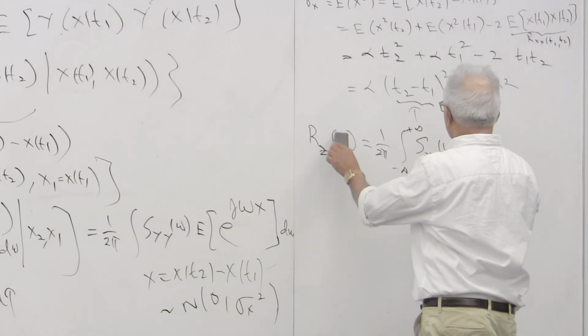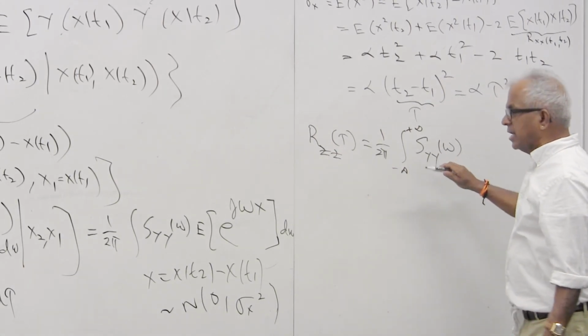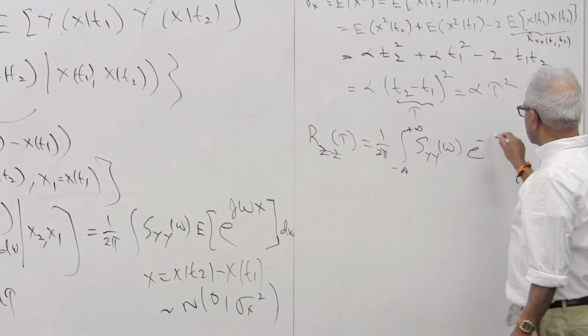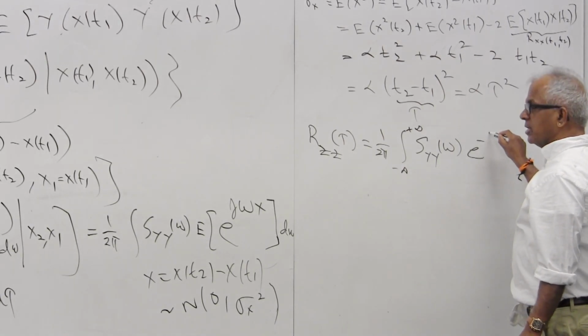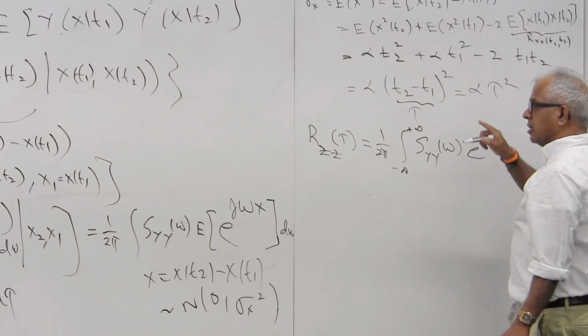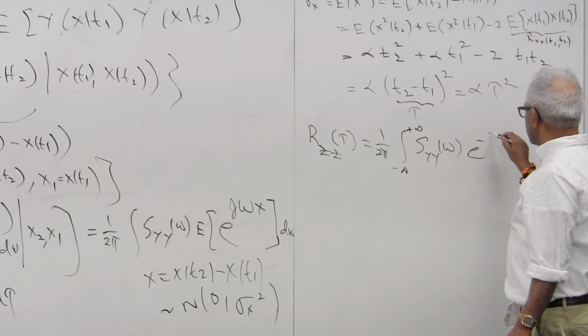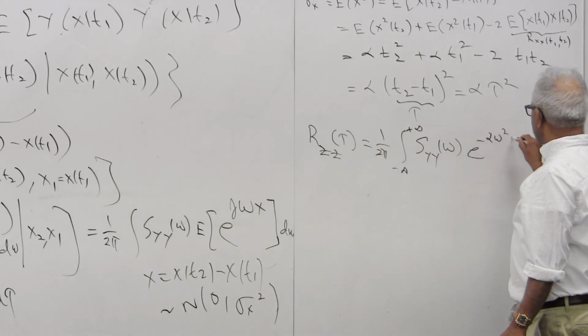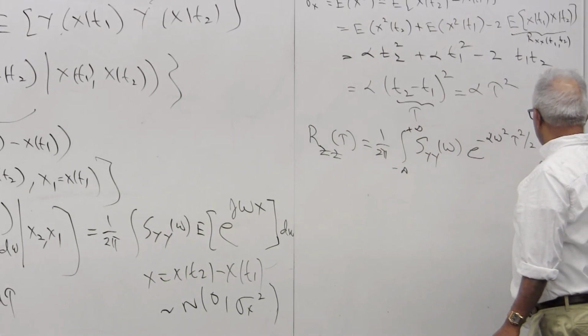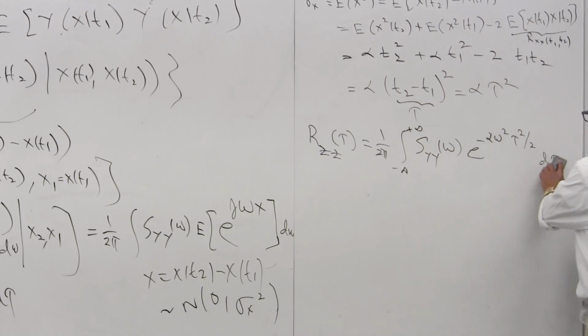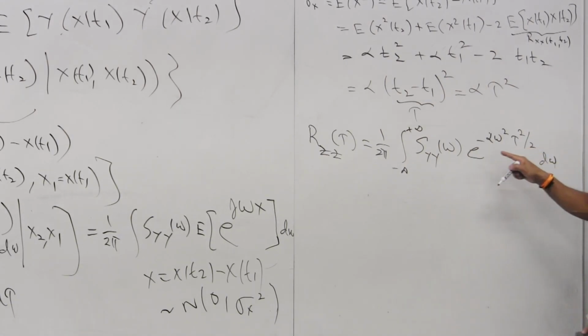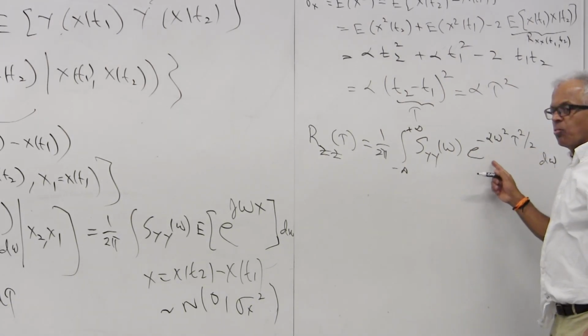So you can do a lot of shaping of this by selecting S_YY(omega) and making sure that the characteristic function is a Gaussian function. So this is exponential of minus alpha omega squared tau squared by 2. Notice that when tau is 0, this is 1.